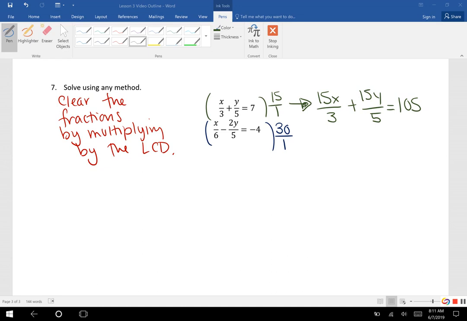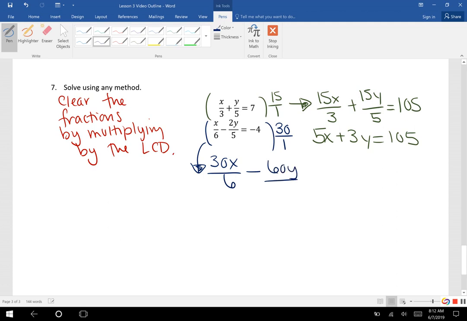So I'm left with the equation 5x plus 3y equals 105. I do something similar for the second equation. I'm going to multiply everything by 30. So 30x over 6 minus 60y over 5 equals negative 120. That becomes 5x minus 12y equals negative 120.